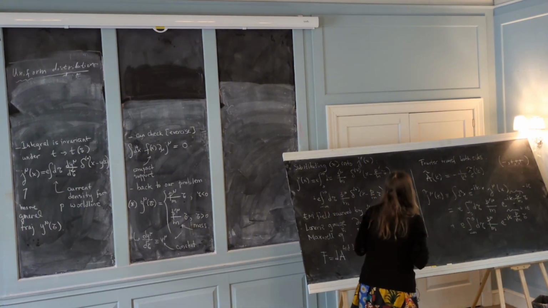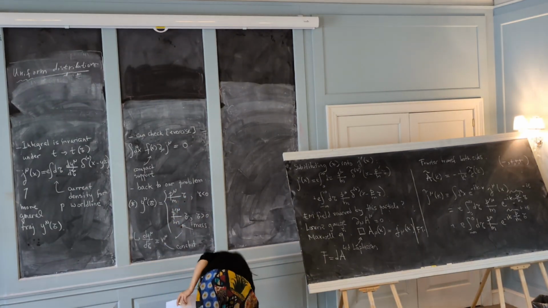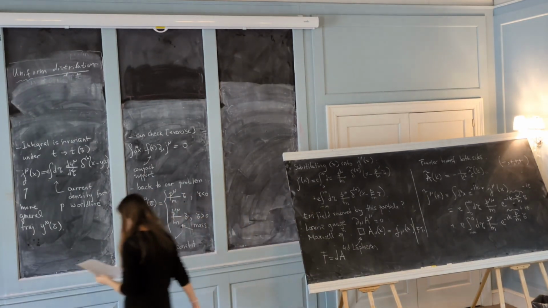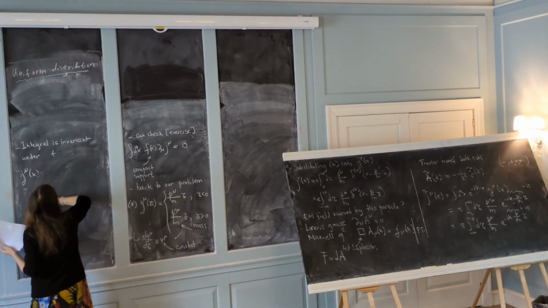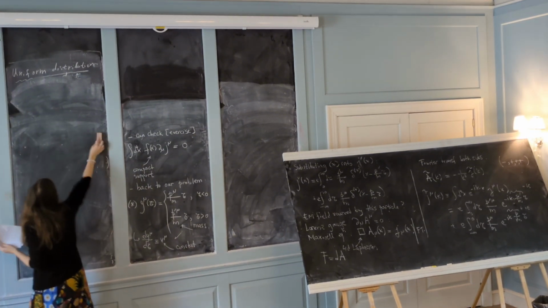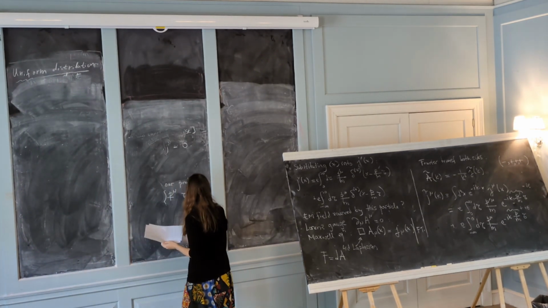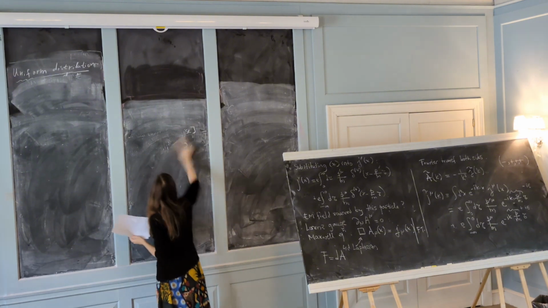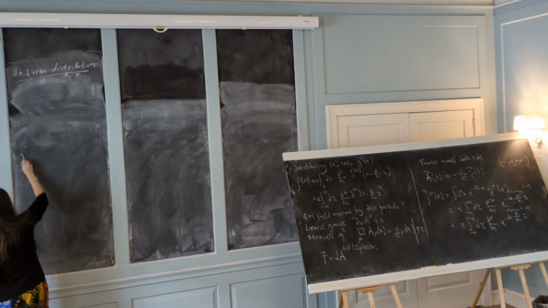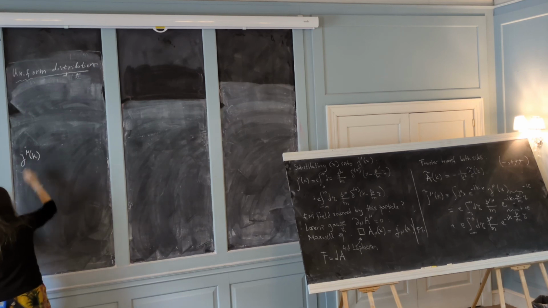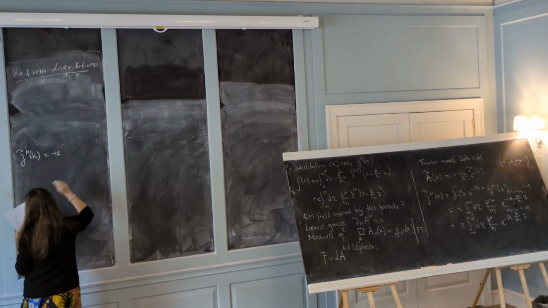And then now we can just evaluate these integrals. It's just the integral over an exponential, so you get a very simple formula. So we find that J mu in Fourier space is given by minus i epsilon.